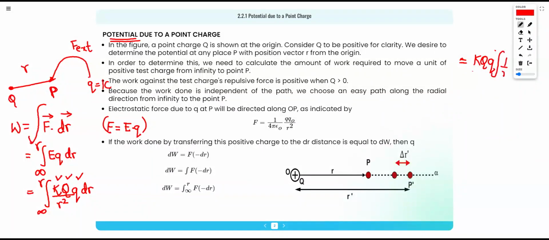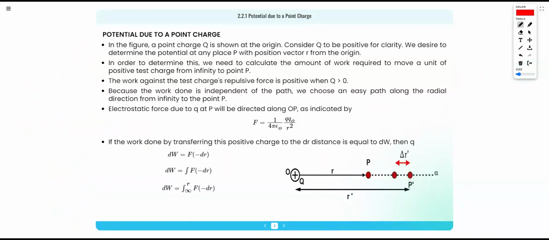It will be integration of 1 over r square dr. So this will be equal to K, Q, q integration of 1 over r square dr, and limits will lie from r to infinity. Now, K, Q, q integration of r raised to minus 2 dr, and the limit will lie from r till infinity.